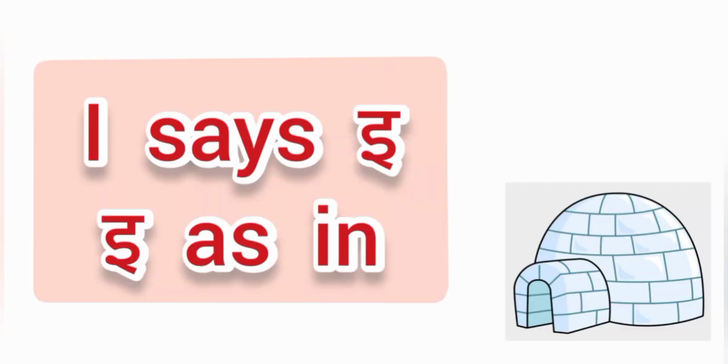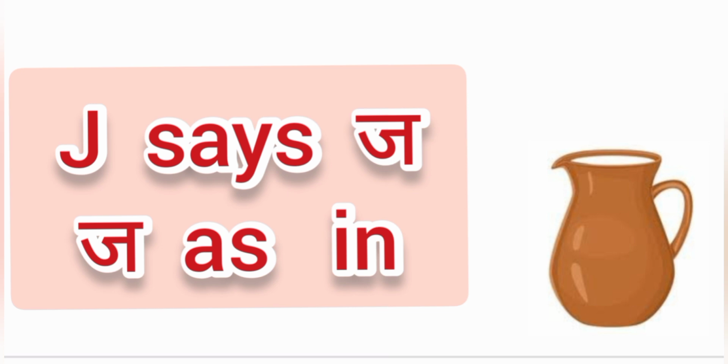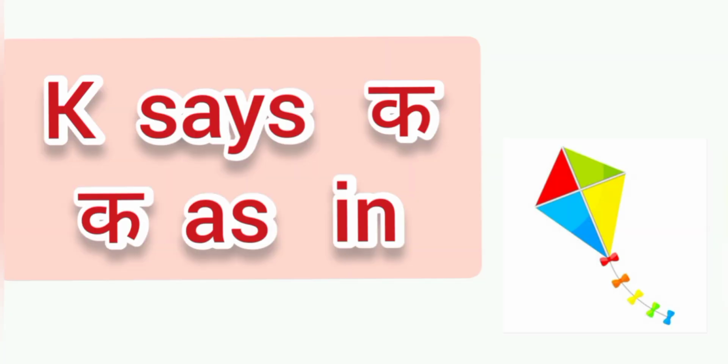I says I as in igloo. J says j as in jug. K says k as in kite.